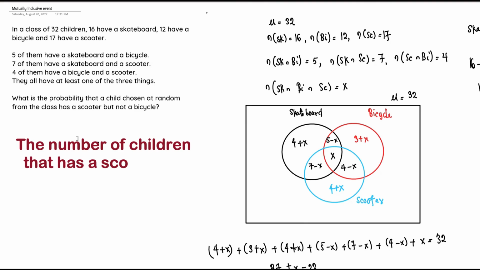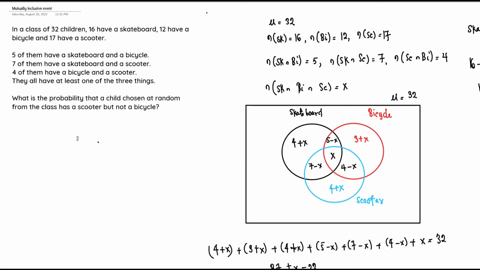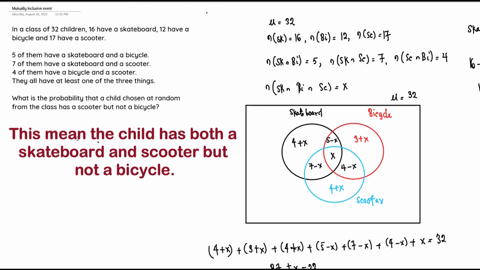So we are only left with getting the number of children that own a scooter but not a bicycle. If you take a closer look at the sentence, it says a child chosen at random from the class has a scooter but not a bicycle. We are only interested in those children that do not have a bicycle, meaning this child can have a scooter and a skateboard, but the main point is that the child does not have a bicycle.